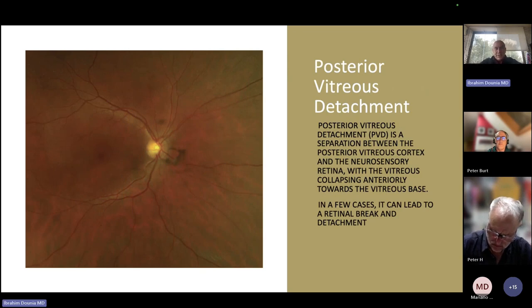Posterior vitreous detachment. I told you there is a vitreous, which is water, which is present between the lens and the retina. We can have a detachment of this material. It's separation between the vitreous cortex and the retina neurosensory part. It's a normal thing to happen.